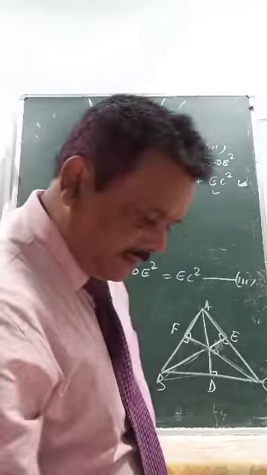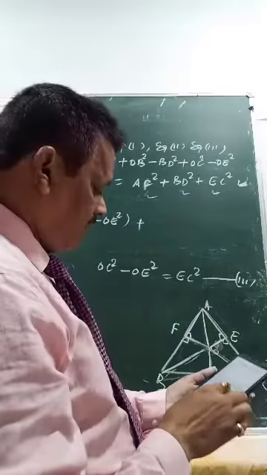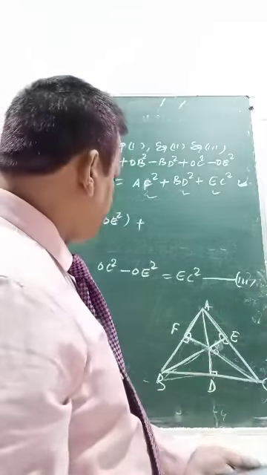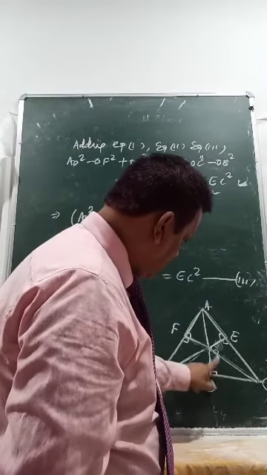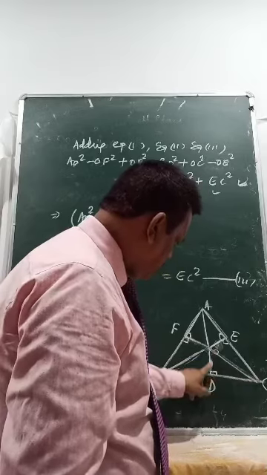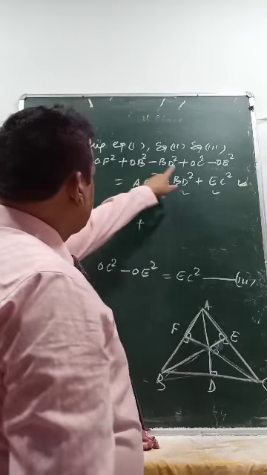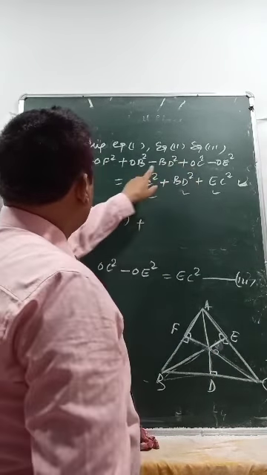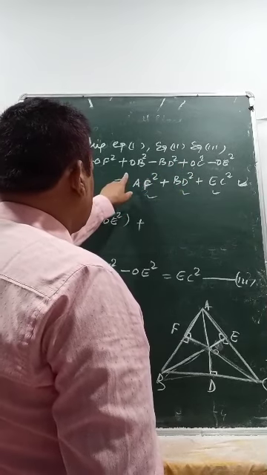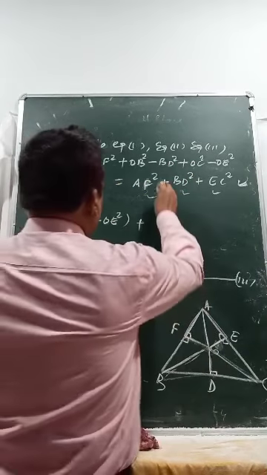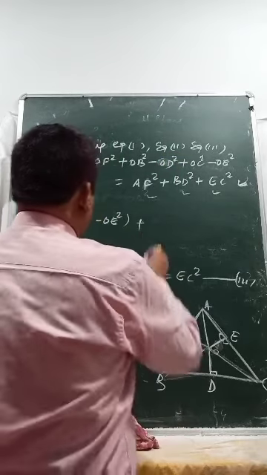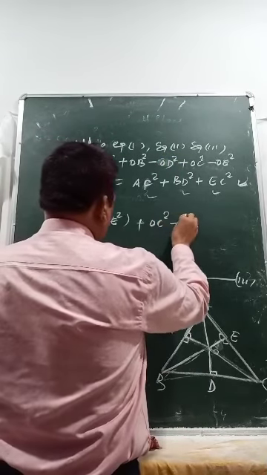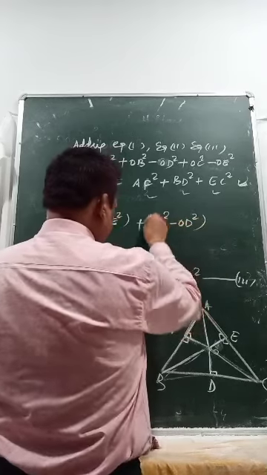Then what do you need? Then you need CD square. CD square equals OC square minus OD square.